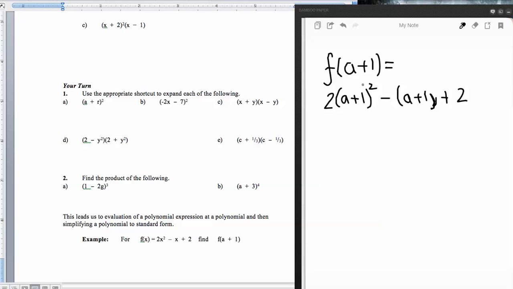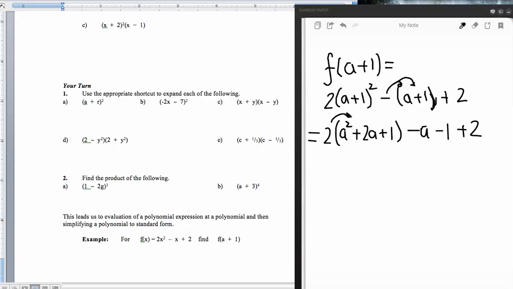So see how this applies our squaring. So this is 2 times a plus 1 quantity squared, which is a squared, plus the product of these times 2, which is 2a, and then plus 1, and then minus, and then this is going to get distributed here and here, so minus a, minus 1, and then plus 2.